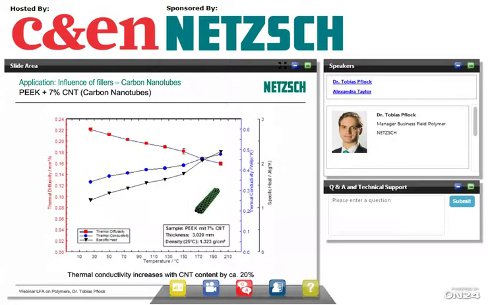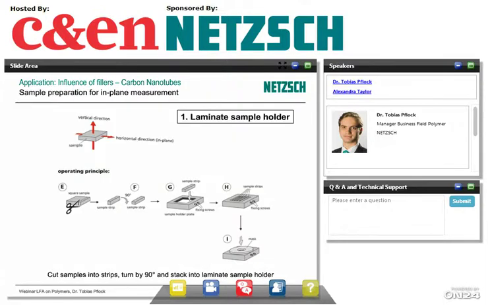The point about carbon nanotubes is that they are anisotropic. They're really anisotropic. This is basically why they're used and why they're so interesting here. So we want to know the transport properties in different directions, and we want to look at anisotropy. For this, we take a special sample holder to do in-plane measurement. We call that the laminate sample holder.